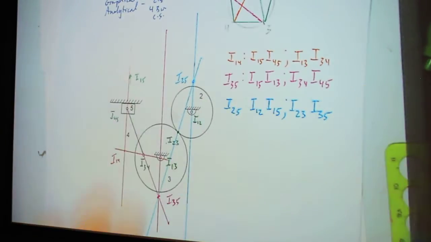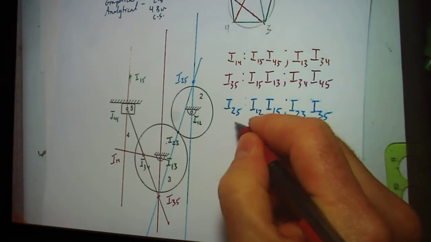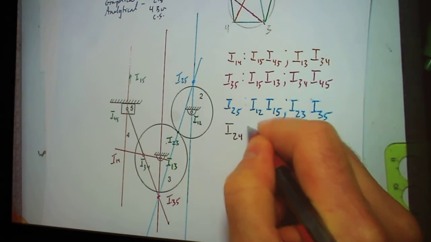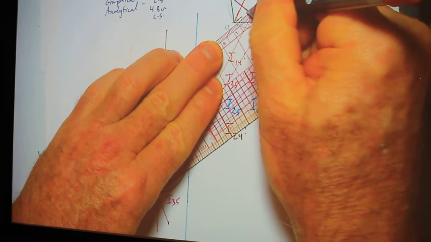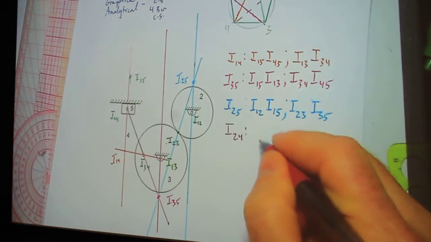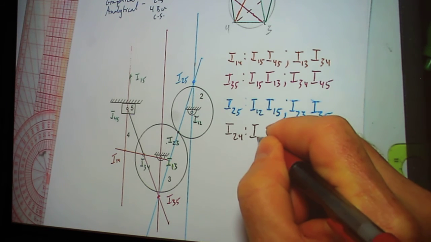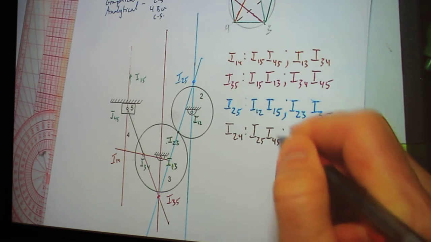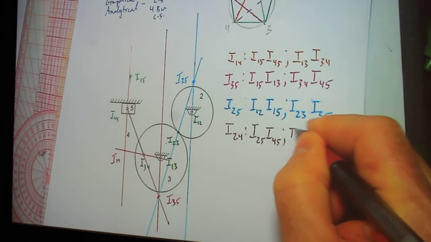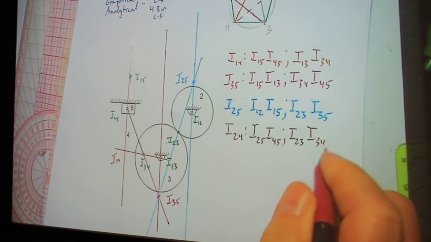What are we missing here? 2-4. I24 can be found using I25, I45, and I23, I34.